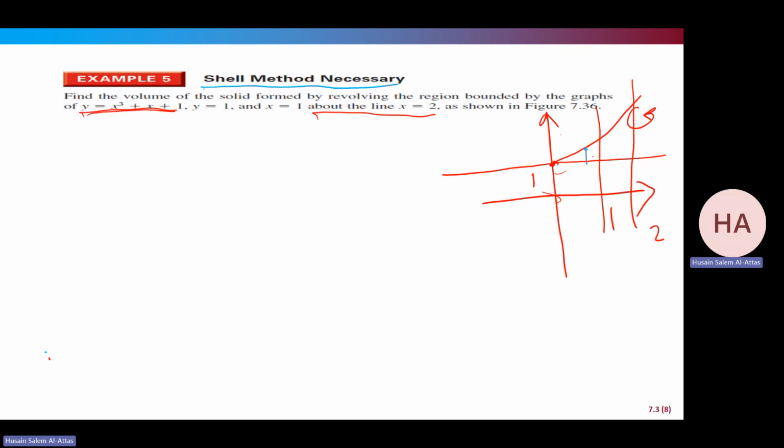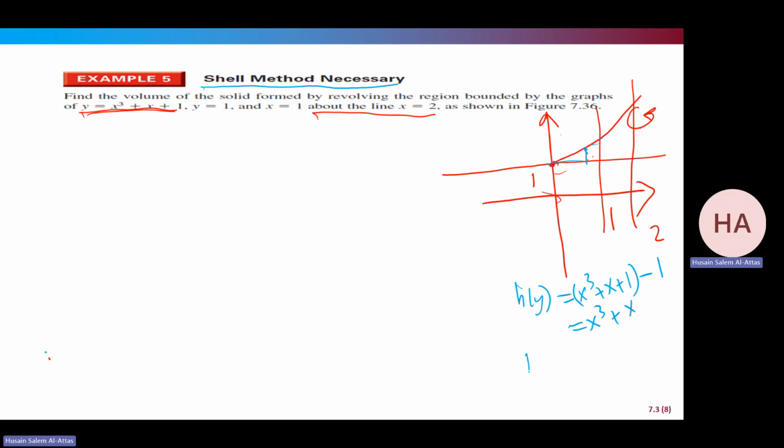Now, be careful. What will be the length of the line, h of x? The length of this line will be the function, which is x cubed plus x plus 1, minus this line, minus 1. So I have x cubed plus x. That will be h of x.